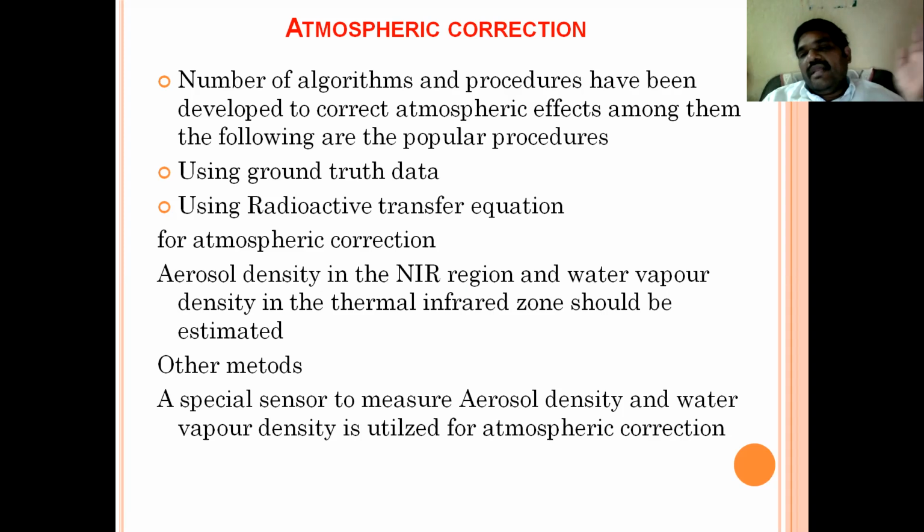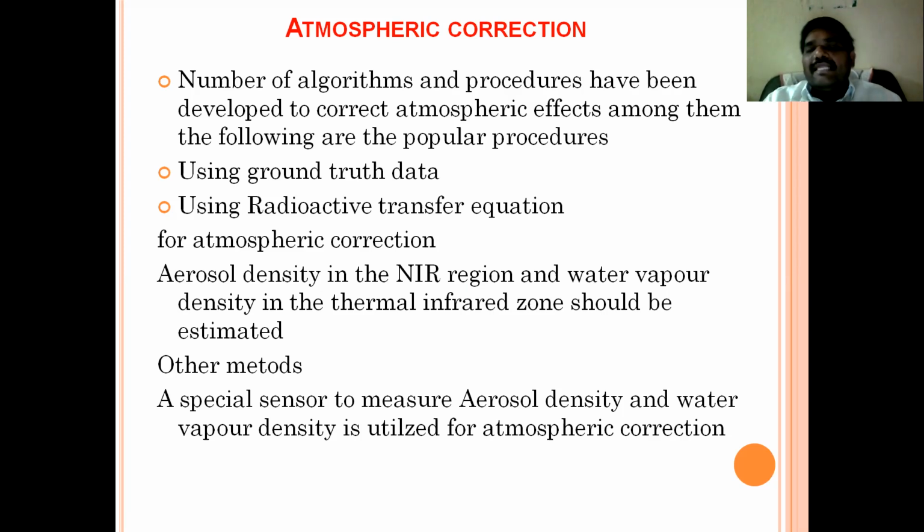The aerosol density and water vapor density at the NIR region and thermal infrared zone can be estimated by radiative transfer equations. If I estimate the density and remove it, I can get the actual image.